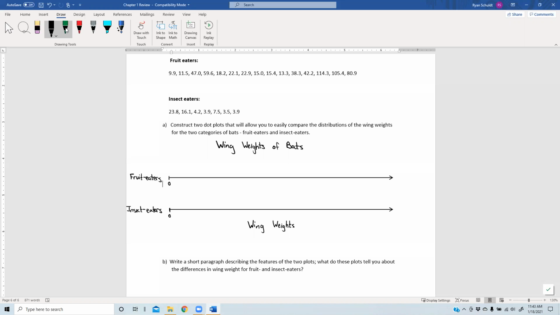Okay, so let's see if we can figure out a scale here. That would be approximately equals.